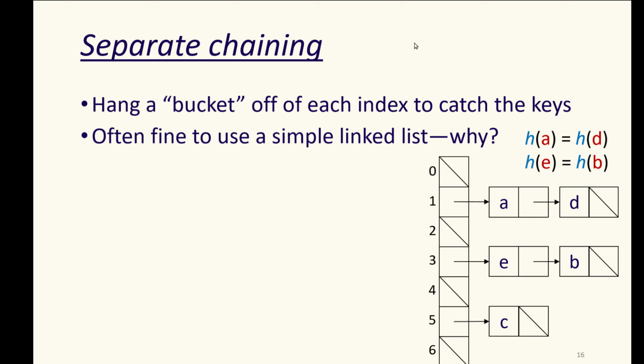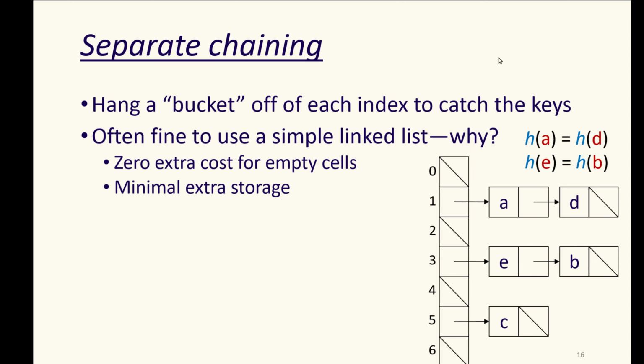It will take a hit on performance, but there's zero extra cost for the empty cells. We don't have some array sitting there empty, and we don't have to use a large amount of extra storage for it, and it can grow. And it's a pretty low cost to traverse these small lists.